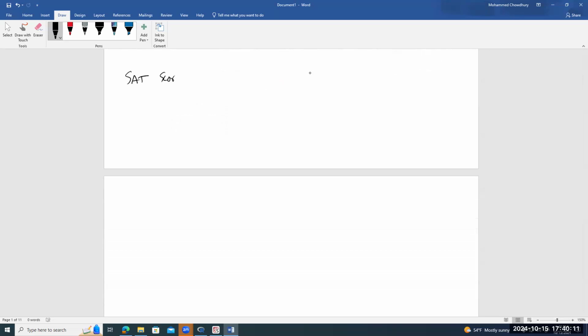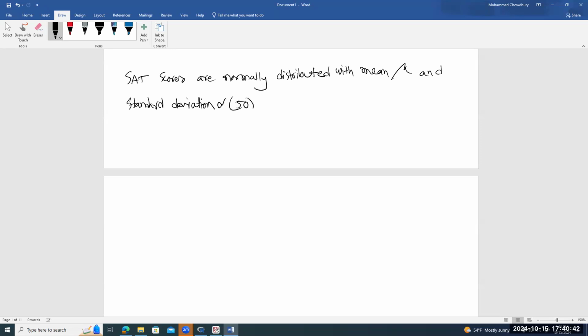ACT scores are normally distributed with mean mu and standard deviation sigma. Mean equal to 500. Let me write here.